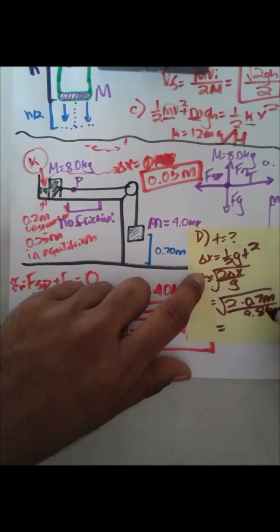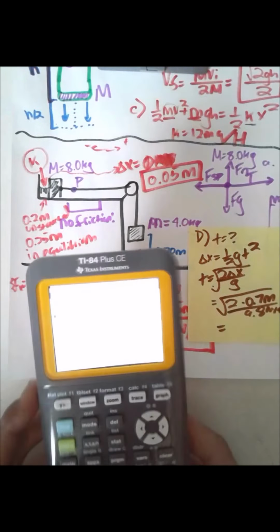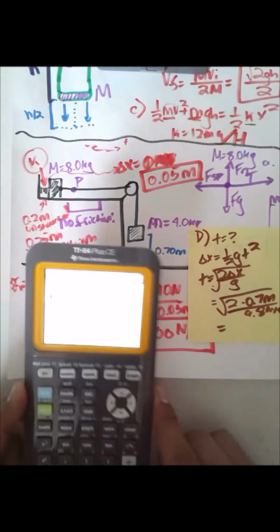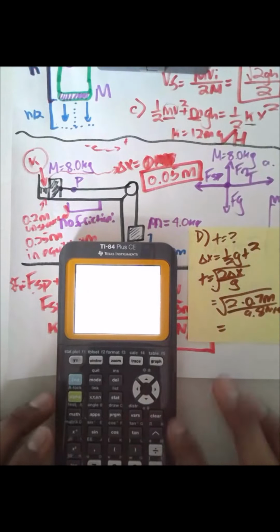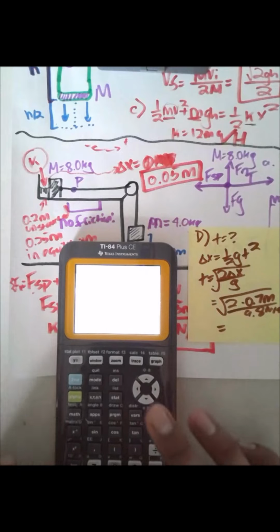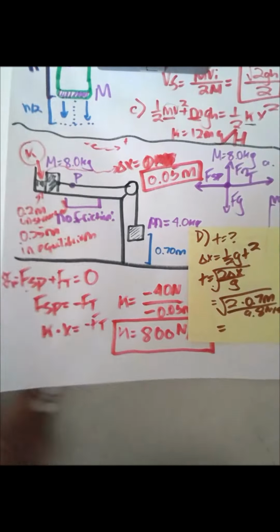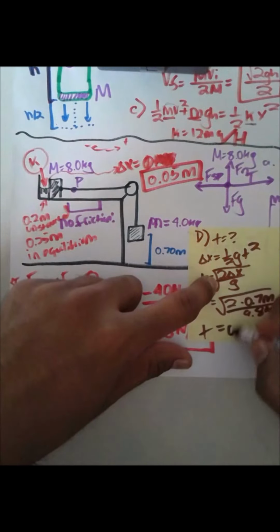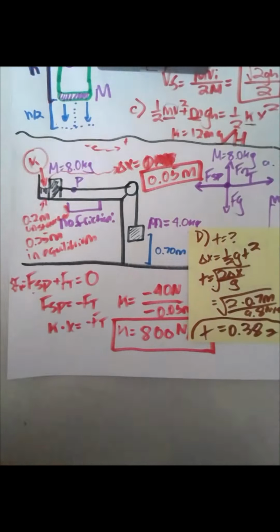So when we do all the math, we end up with 0.37. So we'll say t is equal to 0.38 seconds. Cool. So that's part D.